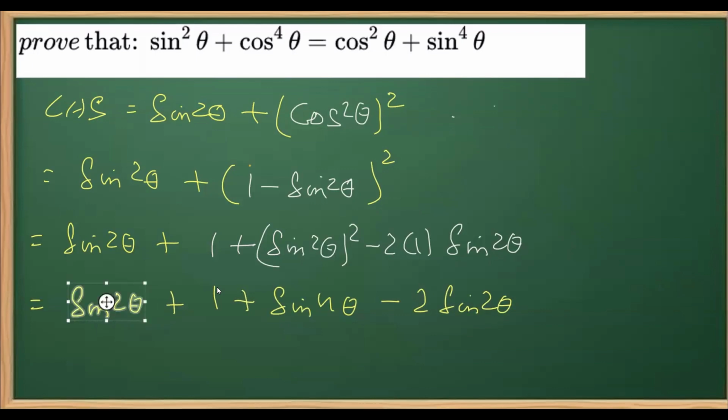There is 1 sin square theta here, and there is minus 2 times sin square theta. So what I'm going to do, I'll write this 1 first. And what is sin square theta minus 2 sin square theta, right? It should give you 1 times sin square theta, that is minus sin square theta, plus sin raised to the power 4 theta. This is power 4, right? This is sin raised to the power 4 theta.